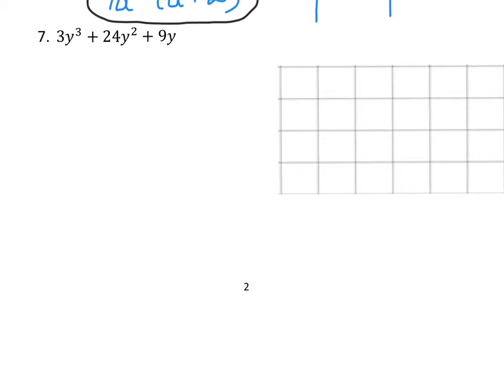And we see that 3 cancels 3, and that y underneath y cubed changes that y cubed to a square. And we see that 3 goes into 24 8 times. And y squared over y changes that to y to the first. So we have 8y.